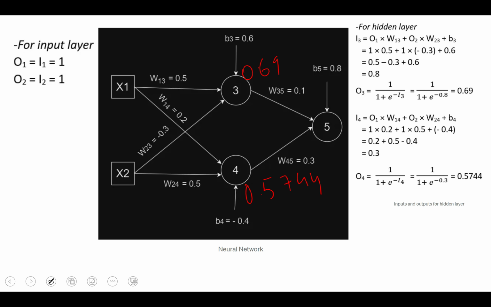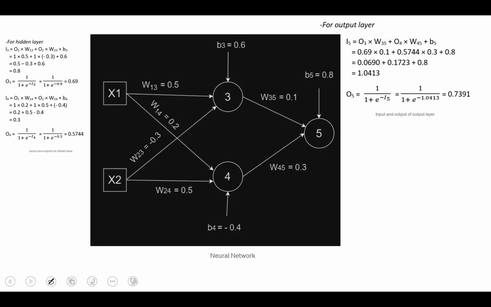Now in the next step, we are going to multiply this 0.69 multiplied by 0.1 plus this 0.5744 multiplied by weight 45, that is 0.3, plus this bias. I've shown this here.